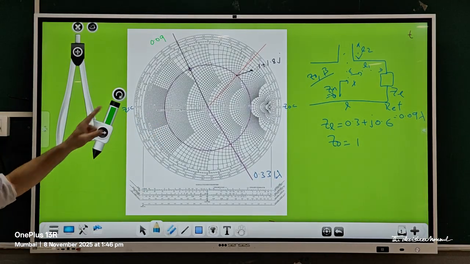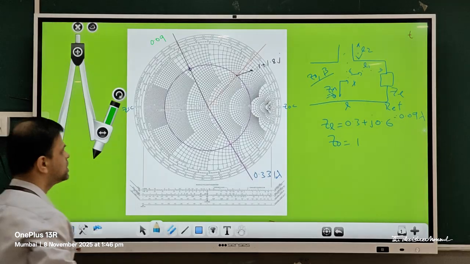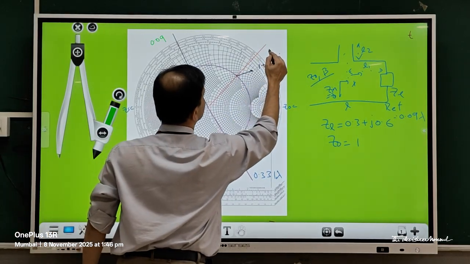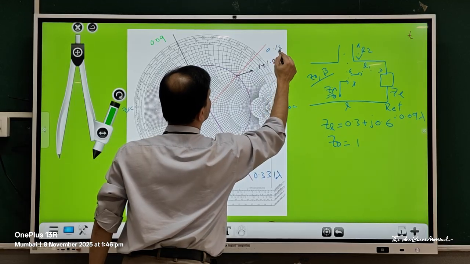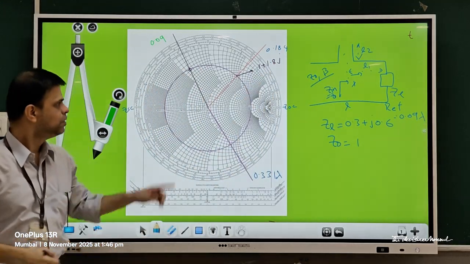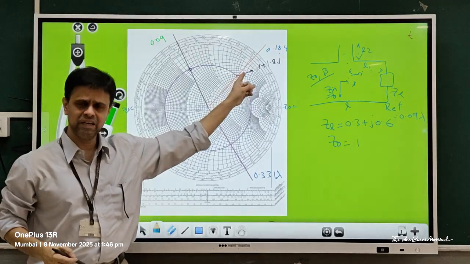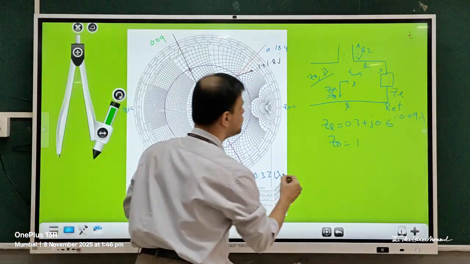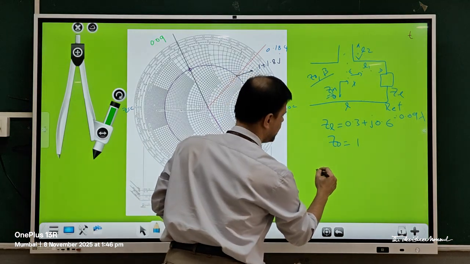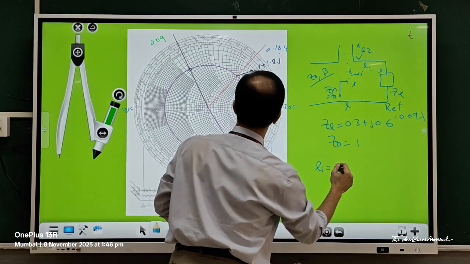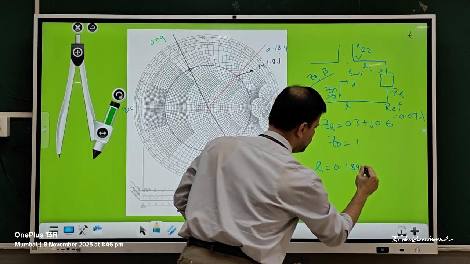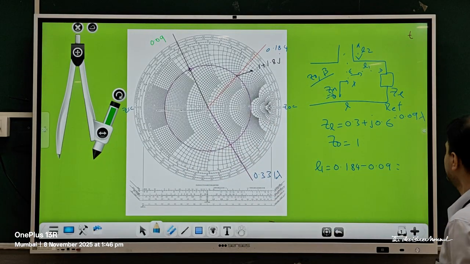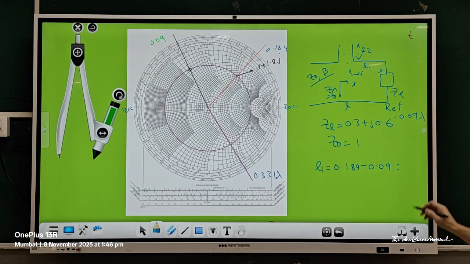Now to calculate that length L1, you extend this line and read the value over here. That is around 0.184. The point where it intersects the R1 circle is 0.184. So your length L1 is equal to 0.184 minus 0.09.